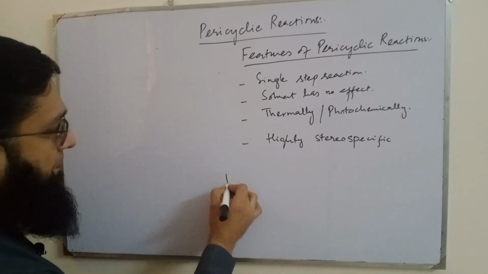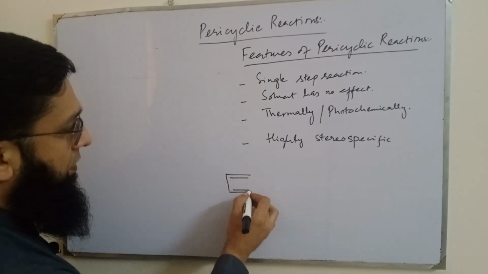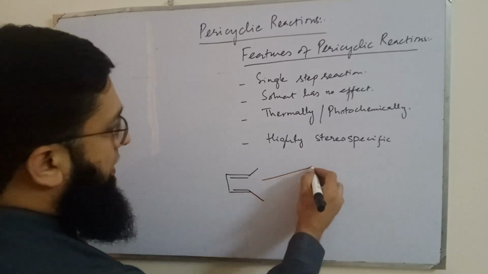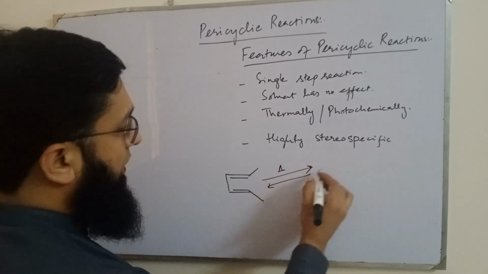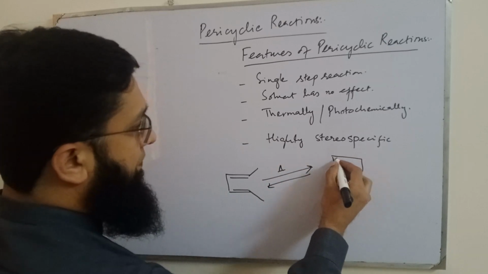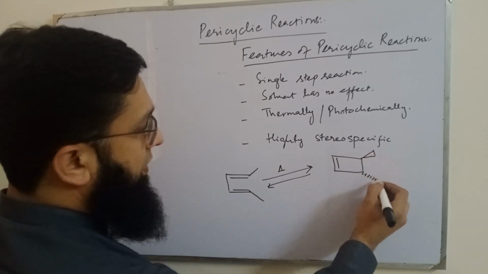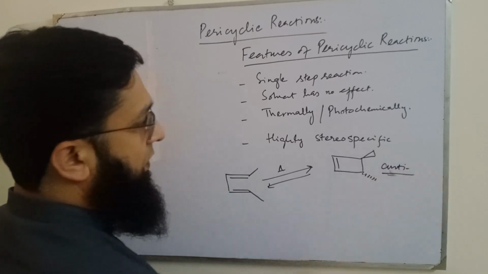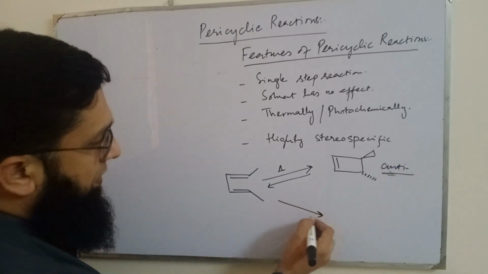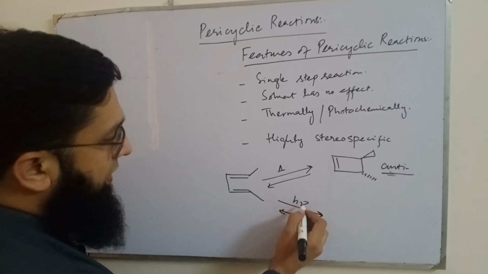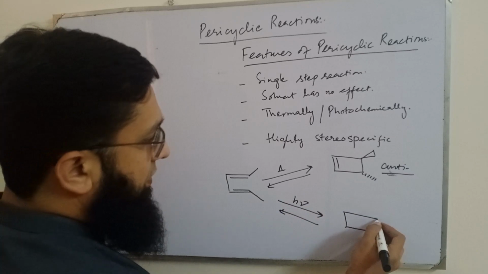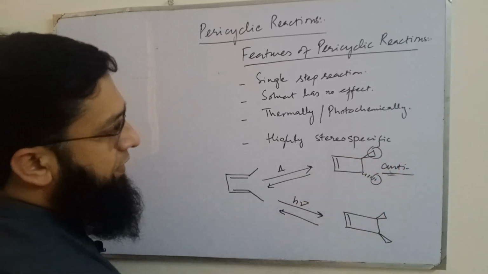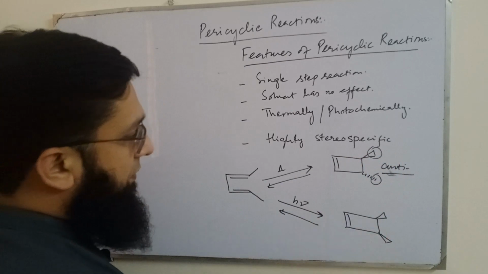For example, if we have this molecule under heating conditions, we would get the anti isomer of the product. And if we perform the same reaction under light, we get the syn product. These two groups are opposite, therefore it is anti, and here we have syn.